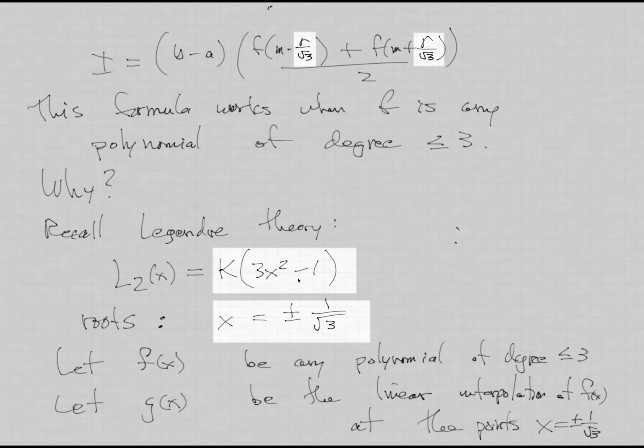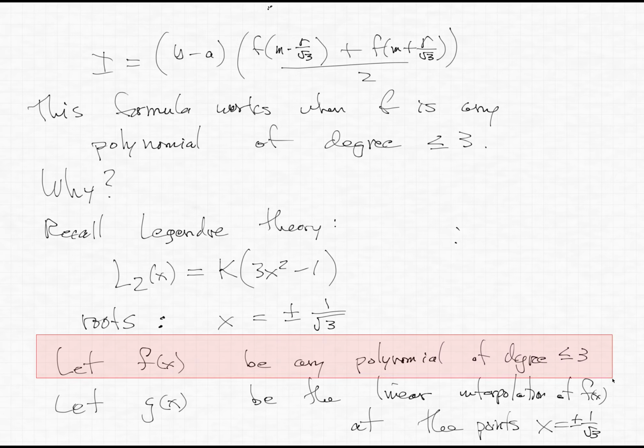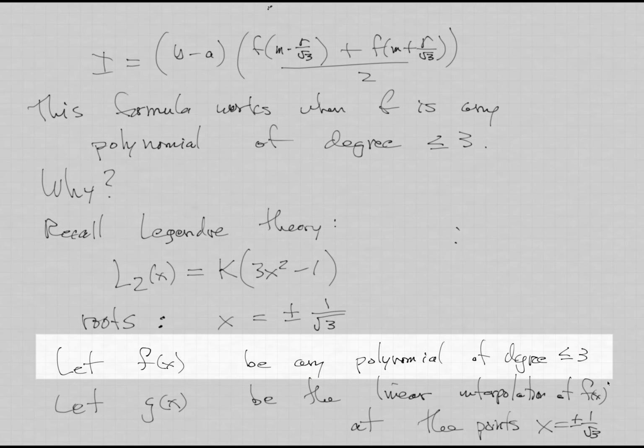Okay, so now let me try to set this up, and I'll show you why the formula was correct. First of all, I'm going to assume, as before, that f is any polynomial of degree no greater than 3.